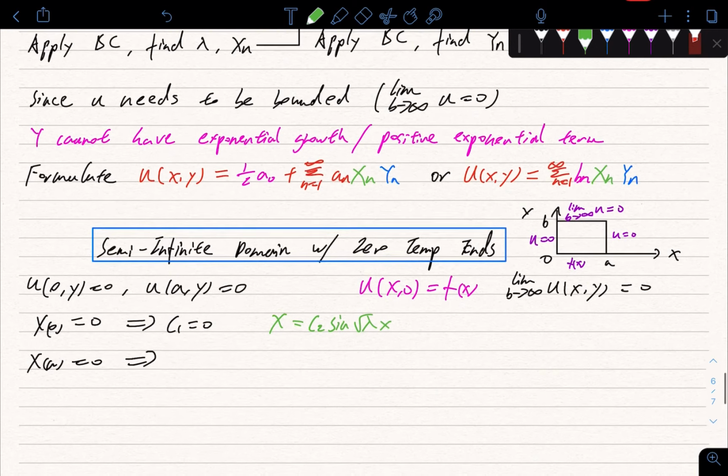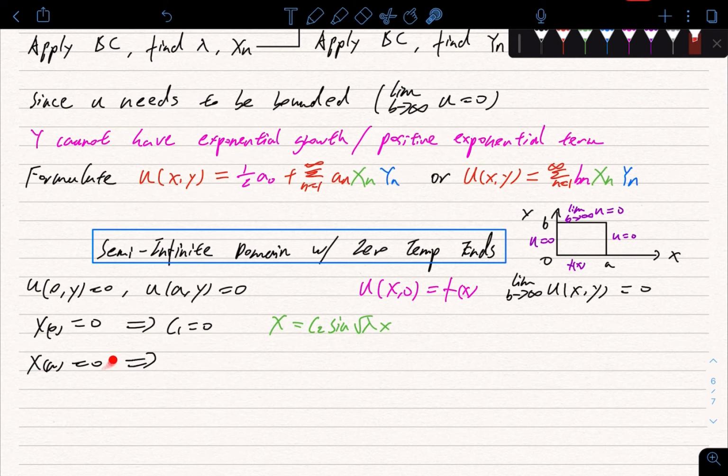So our second boundary condition is X of a equals 0. That tells us that sine of square root of lambda a equals 0. C2 cannot be 0. So, square root of lambda times a has to equal n pi, because to make the sine term become 0.